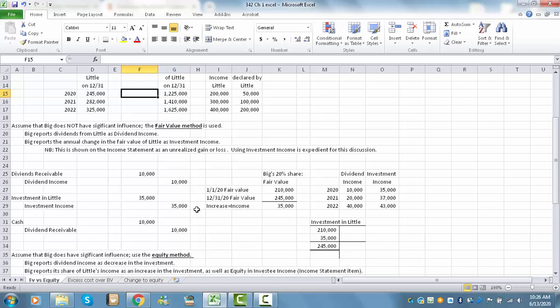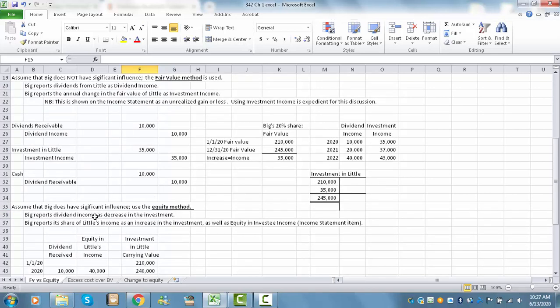Investment in Little at year end, when the fair value went from 210 initially to 245 at the year end, we've had an increase of $35,000. So we debited the investment in Little and we credited investment income. So what we've got is that we started at 210, we increased our investment by 35, and at year end, our investment is 245, and that does represent 20% of the fair value of the company.